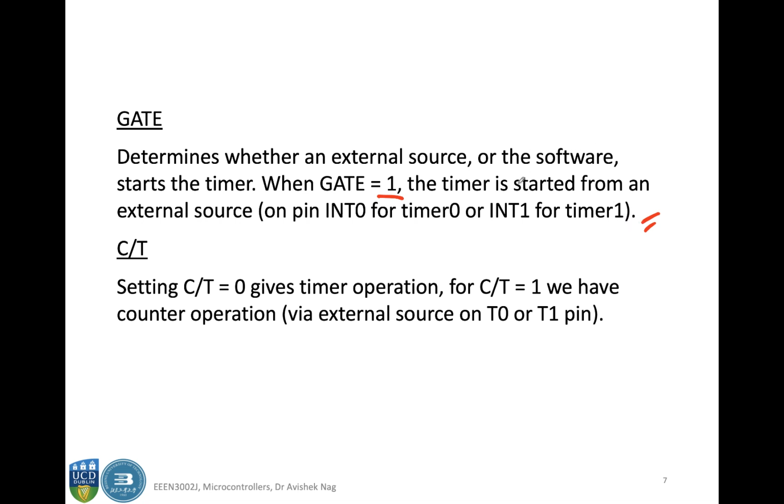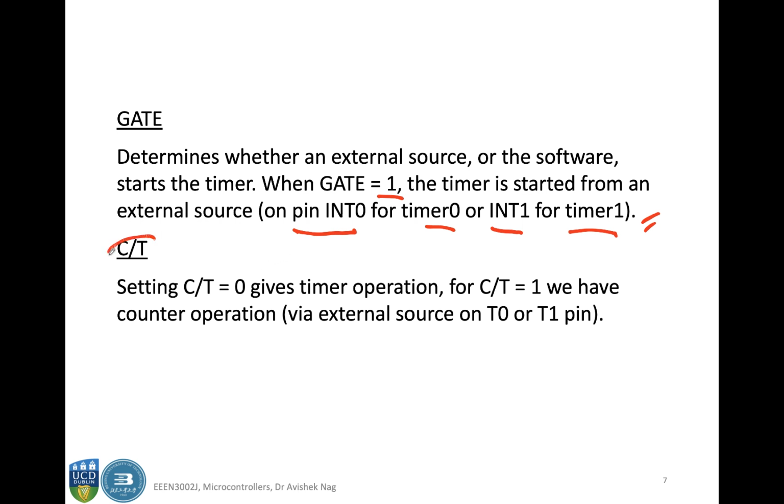You can interface your microcontroller with an external device, and that external device can start your timer through these pins, INT0 for timer 0 and INT1 for timer 1. If that is the case, then the gate bit should be 1, otherwise it should be 0, which means that software starts the timer.